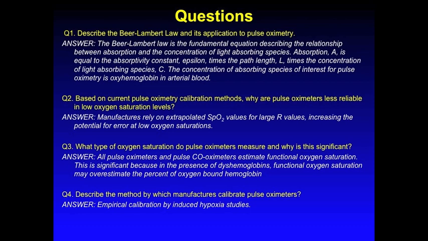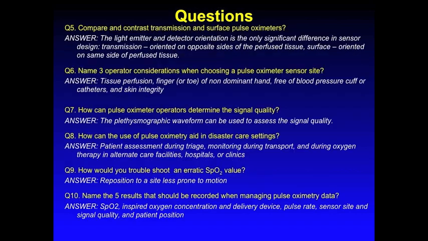What type of oxygen saturation do pulse oximeters measure, and why is this significant? Question 4. Describe the method by which manufacturers calibrate pulse oximeters. Question 5. Compare and contrast transmission and surface pulse oximeters.